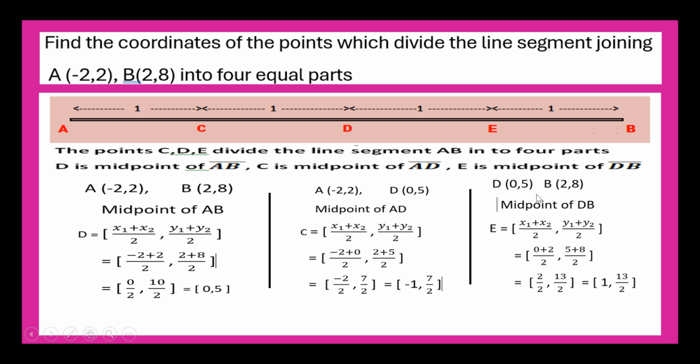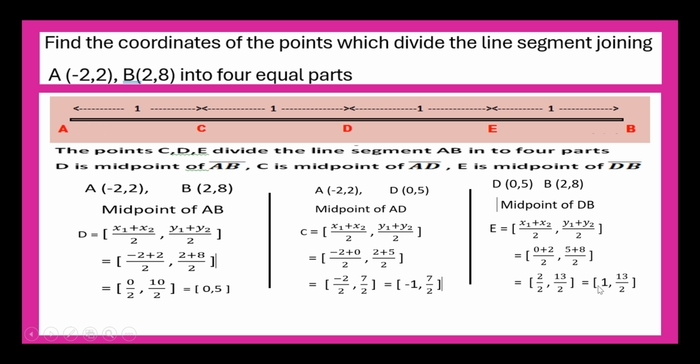Again the midpoint formula: (x1 plus x2) by 2 and (y1 plus y2) by 2, where (x1, y1) are the coordinates of D and (x2, y2) are the coordinates of B. x1 plus x2 means (0 plus 2) by 2, and y1 plus y2 means (5 plus 8) by 2. 0 plus 2 is 2 by 2, and 5 plus 8 is 13 by 2.